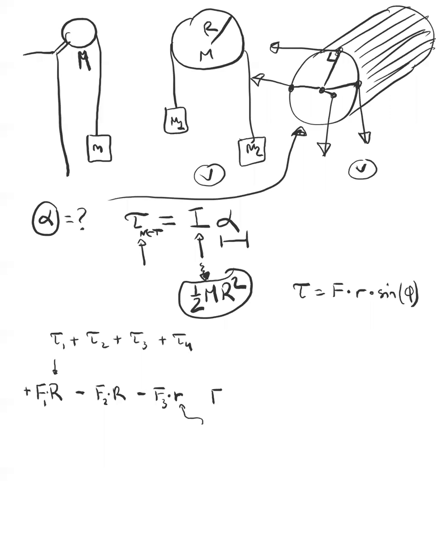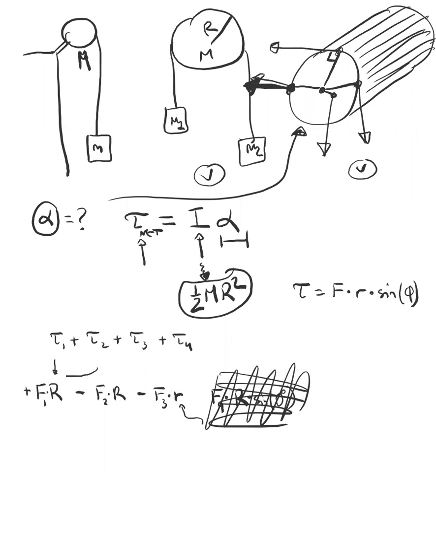I will have F4 times R because this force is also applied at the rim. But now I have the sine of 0 degrees, because this force is aligned with the line that connects it to the axis of rotation. The sine of 0 degrees is 0, so this force doesn't contribute any torque. And if you think about it, it makes sense. The way this force F4 is directed, it's not going to result in any rotation.